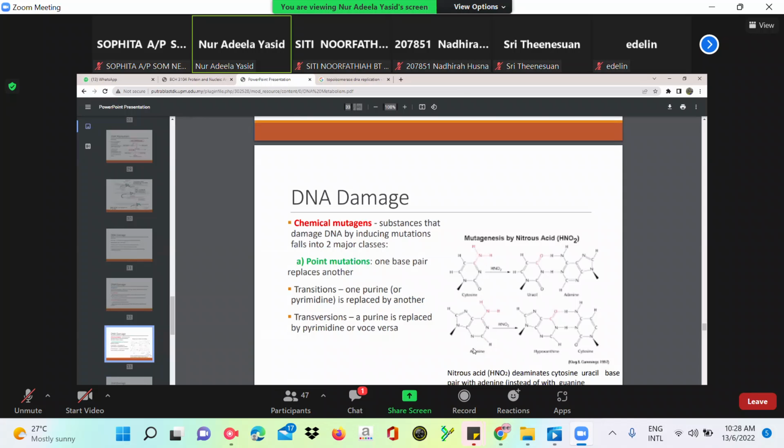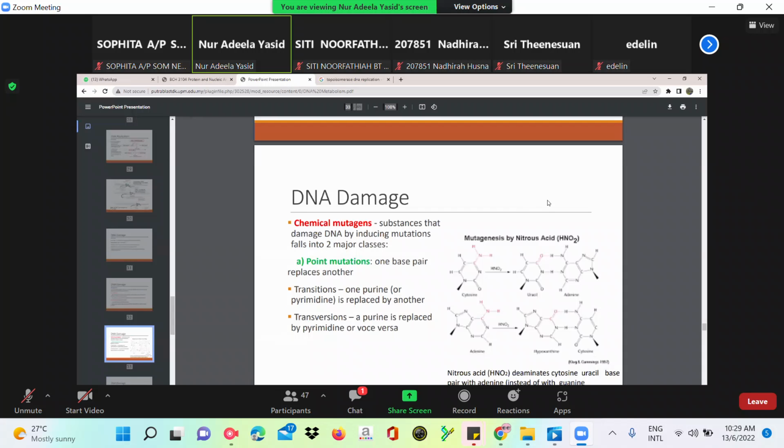It deaminates cytosine, producing uracil, and uracil base pairs with adenine instead of guanine. Cytosine, as we know, should be complementary to guanine.